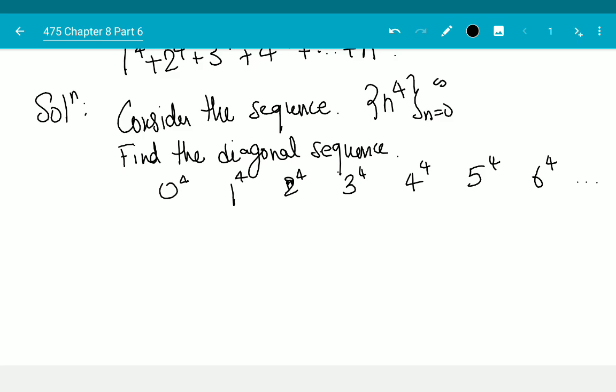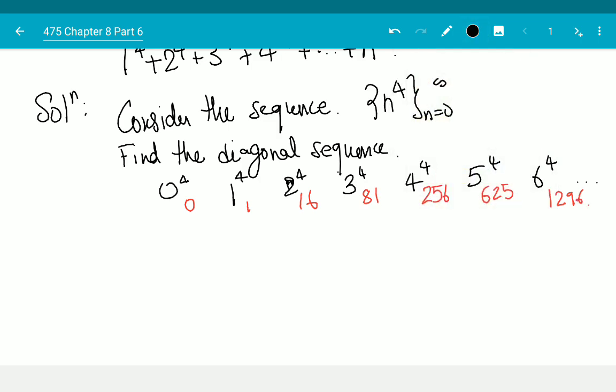And this is going to look like, let me write down the values in red as I usually do. 0, 1, 16, 81, 256, 625, and 1296.